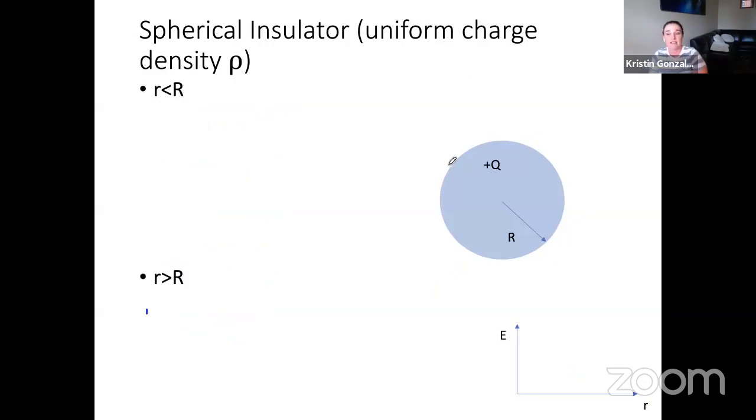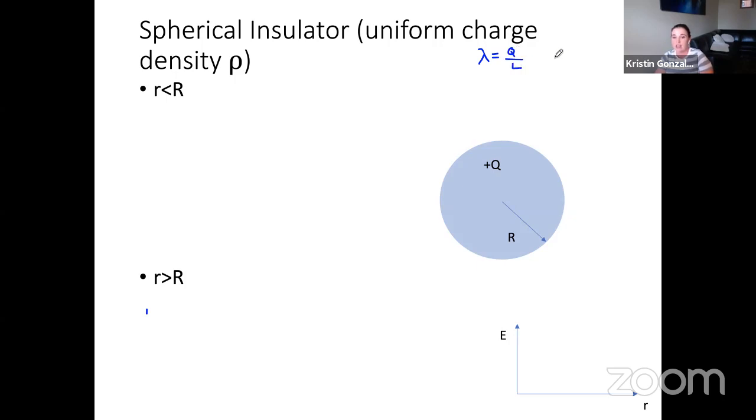So now we're going to look at an insulator. Our insulator though has a uniform charge density. So I'm going to go through these different densities with you because we're going to have to know what our different charge densities are. We can have 3 different types of charge density. I can have what we call linear charge density. That would be if I had a really, really thin object or thin line, and that's equal to the charge per length.